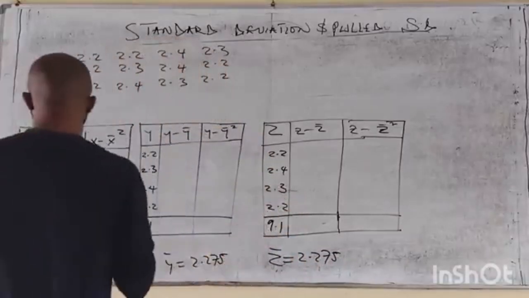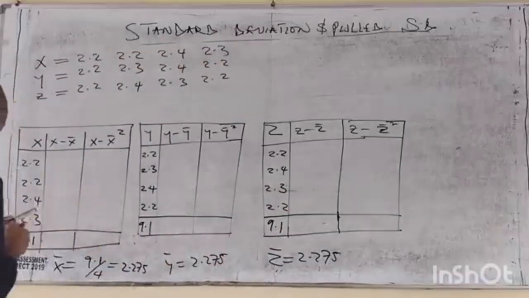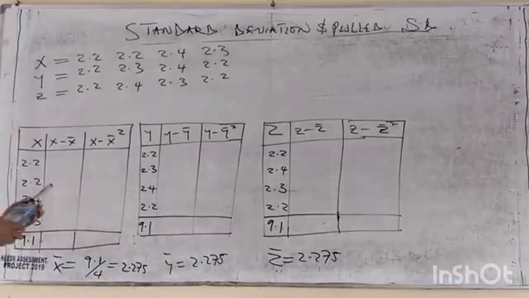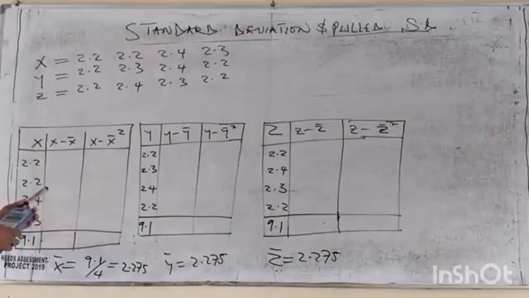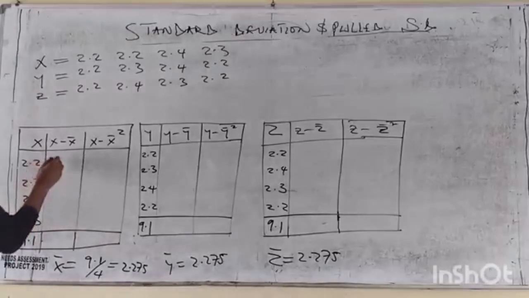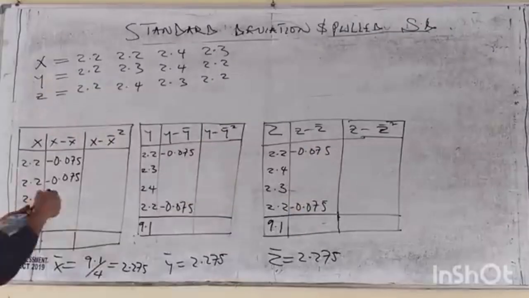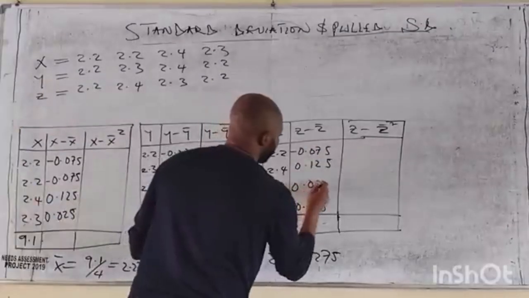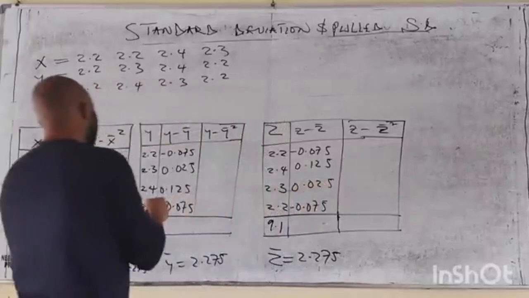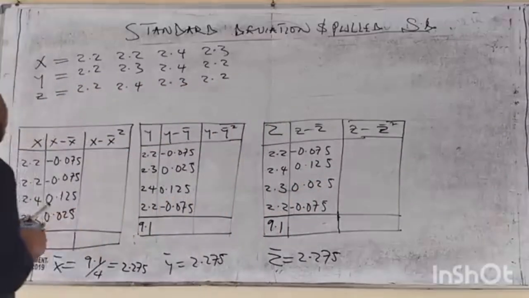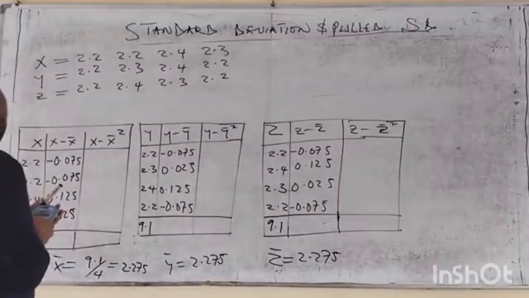So let's say this minus the mean. We want to start that now. 2.2 minus 2.275, we have minus 0.075. Minus 0.025. Now let's square the 2.2 minus 2.275, which is minus 0.075.